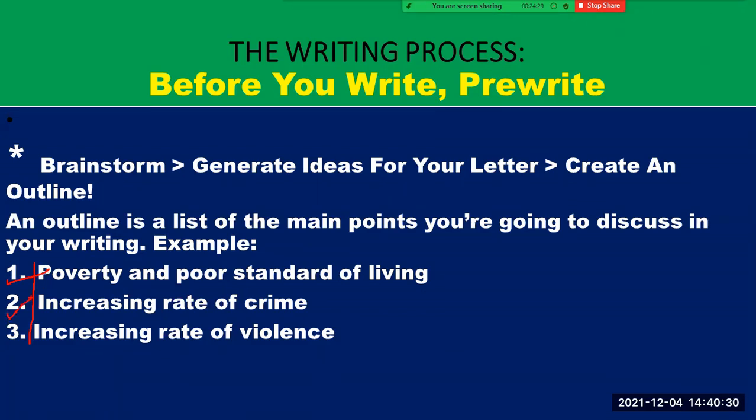Point number 2, increasing rate of crime. People who are unemployed are likely to go into armed robbery, burglary, all kinds of stealing, kidnapping, as a way of finding income, even through illegal means. Then the third one is increasing rate of violence.